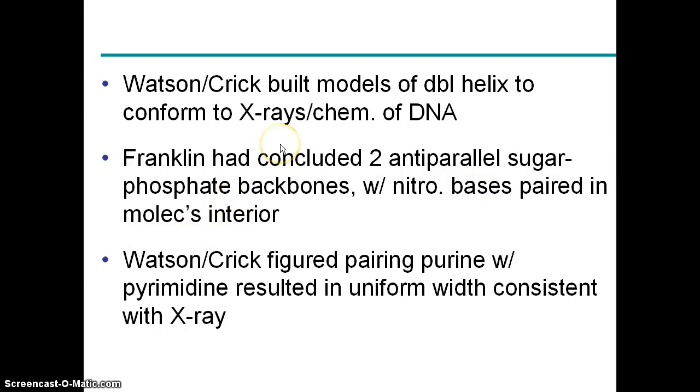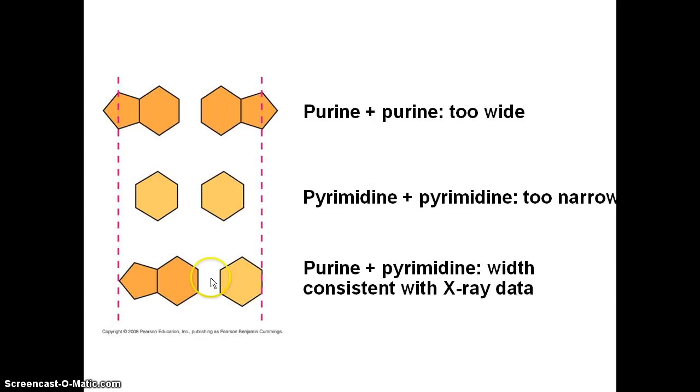Pretty significant findings. What they did was take Franklin's work with her images and her structural hypotheses, and they combined that with measurements related to Franklin's image and the combination of that and Chargaff's rule.